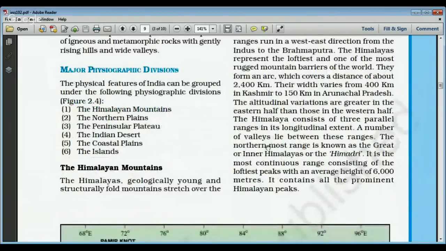So we can say that the altitudinal variations are greater in the eastern half than those in the western half. And I've already told you that the Himalayas consist of three parallel ranges in the longitudinal extent, and a number of valleys lie between these ranges.